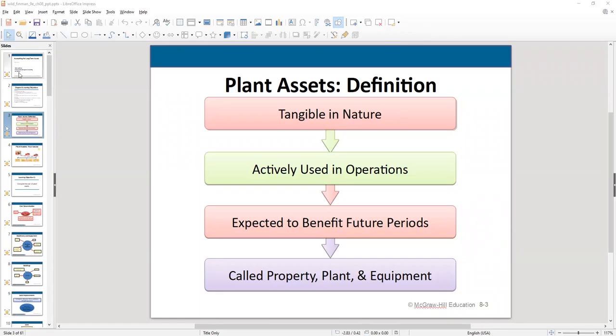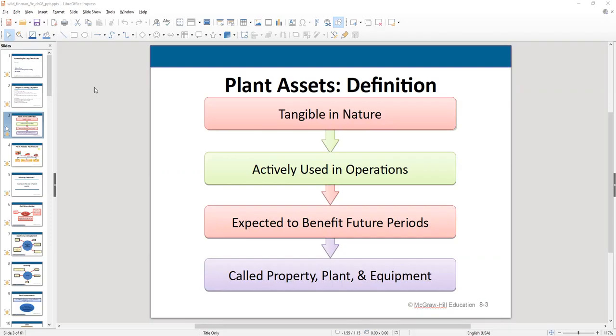Okay, so we're talking about long-term assets. We're talking about assets that last longer than 1 year. As you can see from the slide, we call it property, plant, equipment, but it can mean a lot more than that. We're talking about vehicles, machinery, buildings, copyrights, patents, minerals.